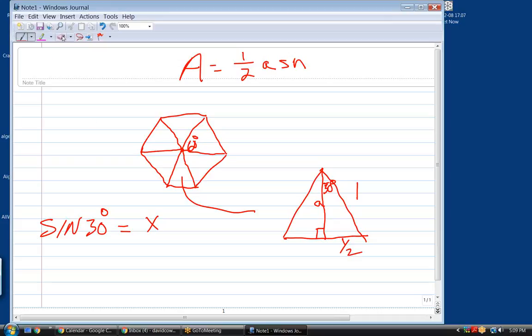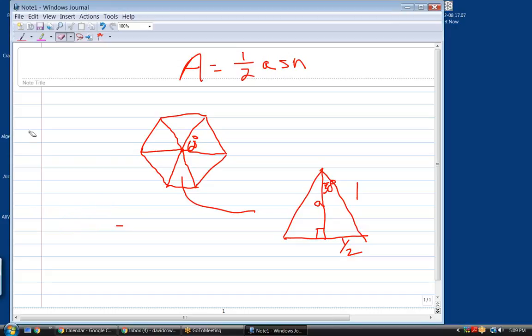And what trig function is going to allow me to solve for A? Tangent, 1/2 over A. Tangent of 30, or you could do cosine of 30 equals A over 1, or A. That actually might be easier, right?